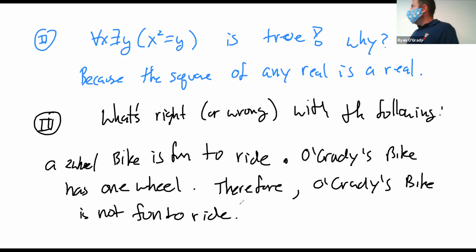So even if you assume the first sentence is fact, that a 2-wheel bike is fun to ride, that doesn't necessarily mean that a bike that has 1 or 3 wheels is not fun. Do we understand that? The point of this problem and other ones like it is making poor conclusions from given information. You might think it's silly, but I think these things are really important to think about. I highly encourage that you do.